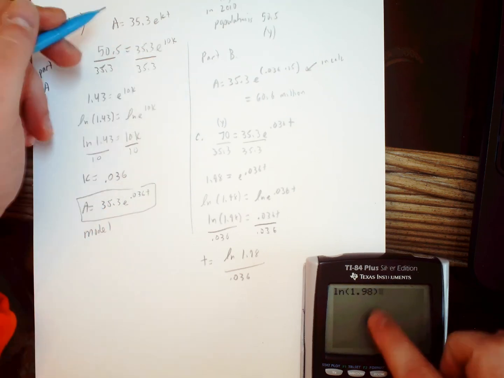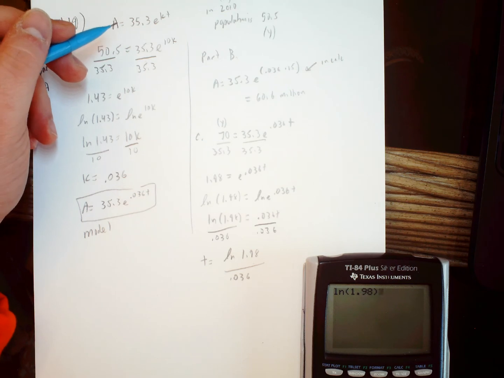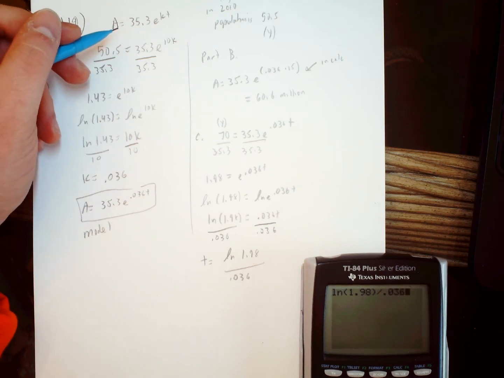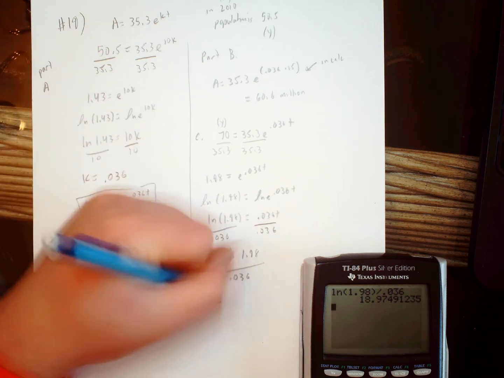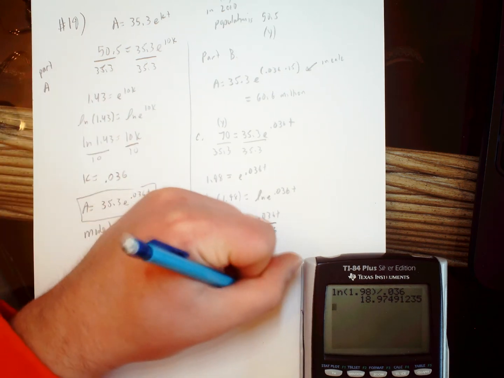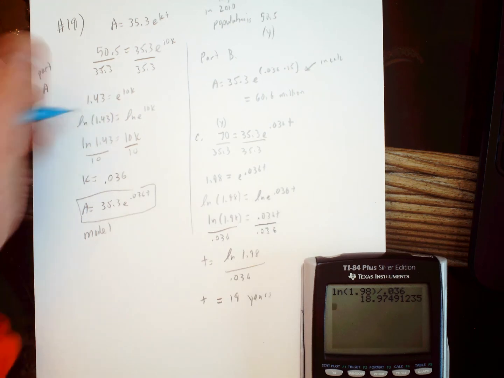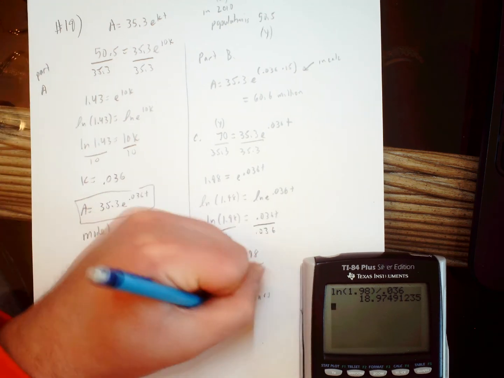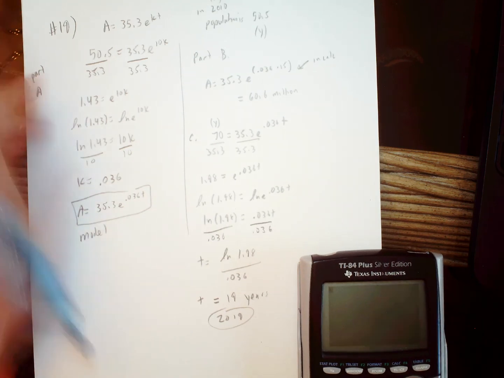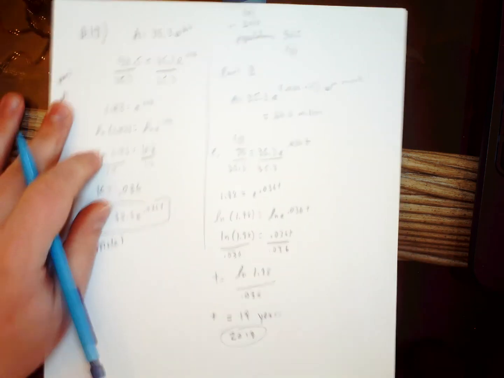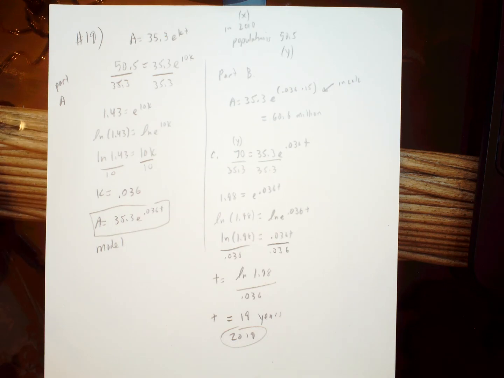Notice that when I type it in, I'm closing the parenthesis off and then hitting the divide. So this would be about 19 years. So that would be in year 2019. So that is number 19 in its entirety.